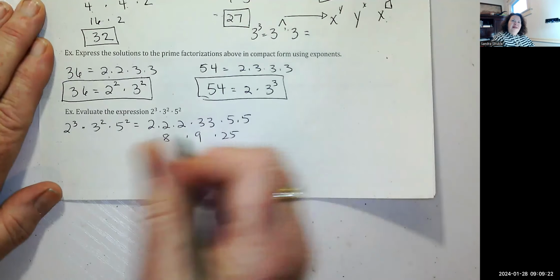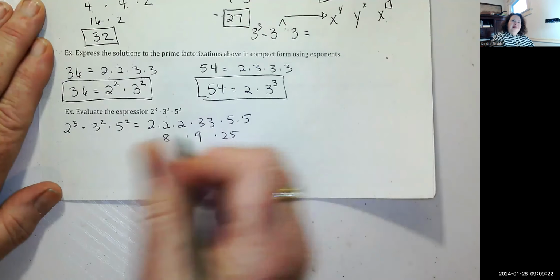Or we could use our calculators at this point, or you can go 2 caret 3 times 3 caret 2 times 5 caret 2 equals. And that should give you, I believe it's 1800. Let me double check this.